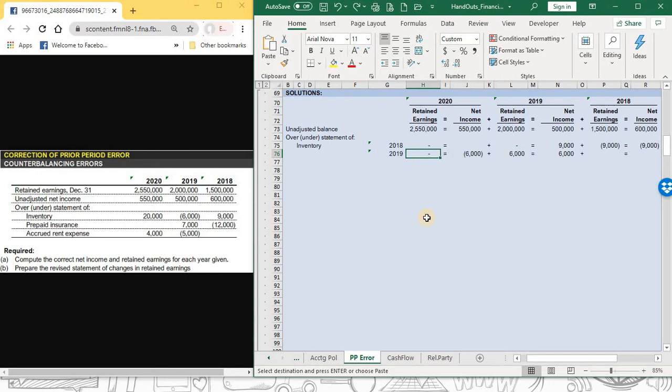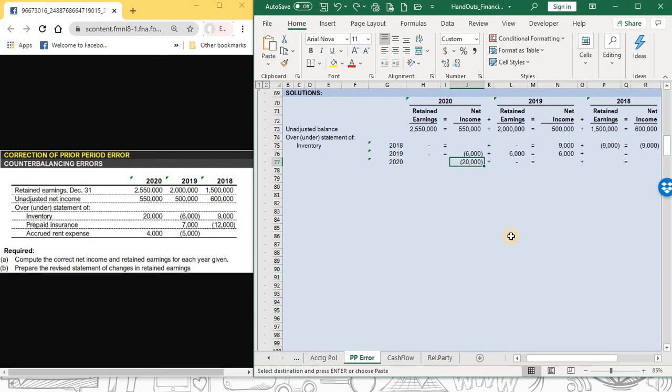Then last, for inventory, let us proceed to 2020. Again, same procedure with 2018. The ending inventory in 2020 is overstated. And ending inventory has a direct relationship with net income. So it means that the 2020 net income is also overstated. And to correct the overstatement of net income in 2020, we need to deduct the 20,000 pesos.